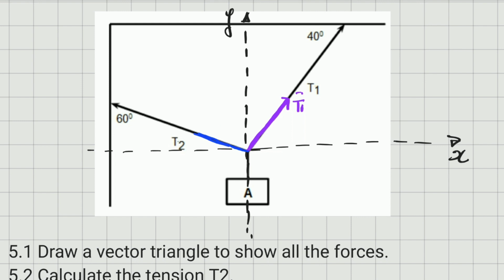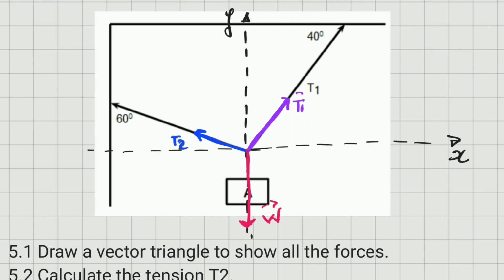Let's represent T2 here. What else we have? We have the weight. The weight is pointing straight downwards. So this red one represents the weight.